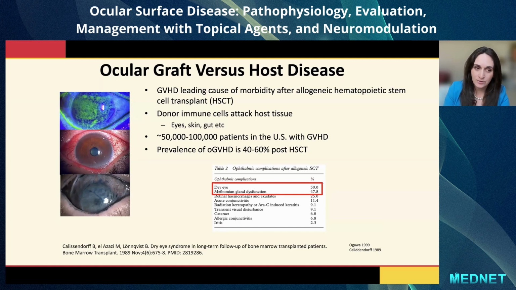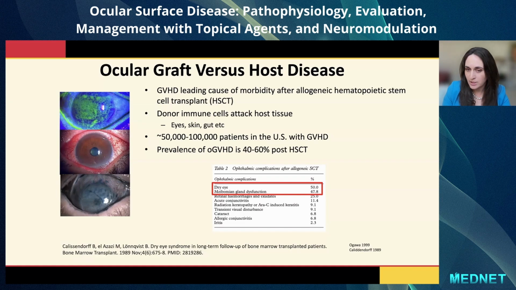It affects the eyes as one area of the body, but it can also affect the skin or the gut or multiple other areas. It affects about 50 to 100,000 patients in the United States, and about 50% of patients after a stem cell transplant can ultimately get ocular graft versus host disease.